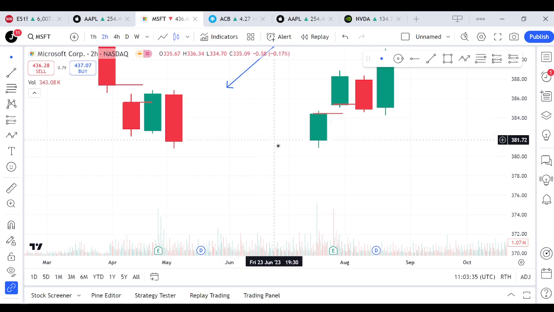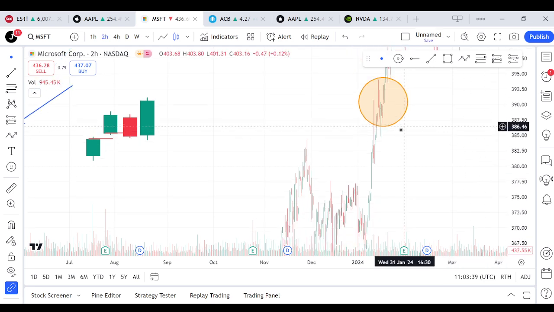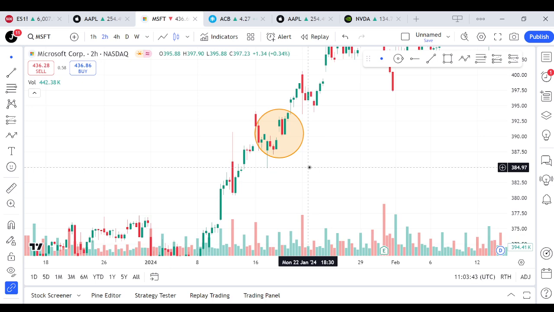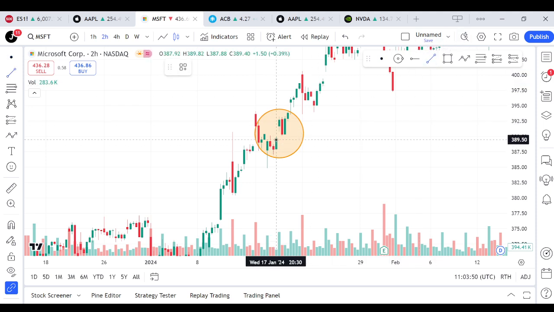So let's hop on the charts and look for this continuation pattern. We have the bullish example here. We have the upside Tasuki Gap pattern right here. So remember, you should see the first candle, which is this green candle right here, and it should have a gap. The second characteristic is the gap between the first and the second candle.